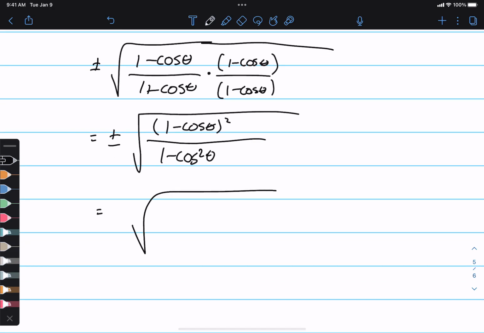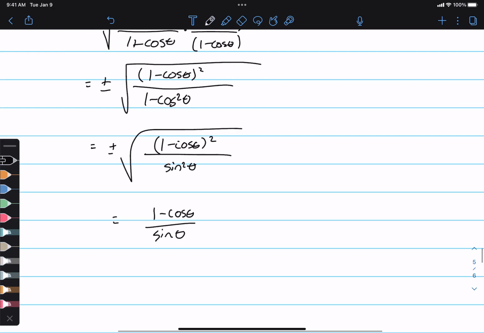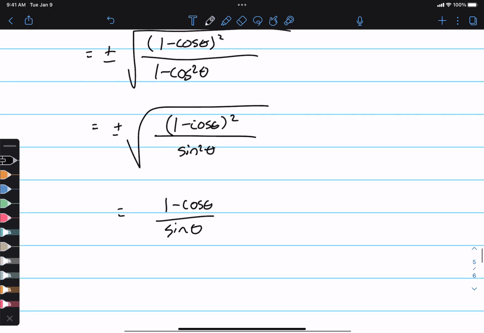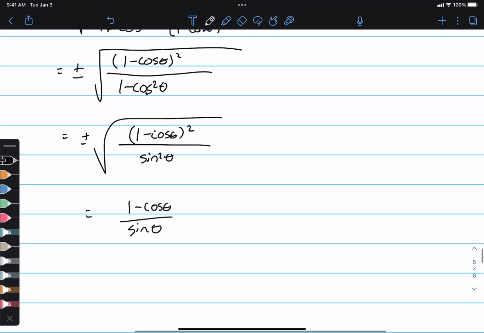But 1 minus cosine squared theta is just sine squared theta, right? So we get the square root of 1 minus cosine of theta squared over sine squared theta. And that's just going to be 1 minus cosine of theta over sine of theta. And we don't have to worry about the plus or minus here, because it actually works itself out whenever you're plugging this in. It's really very cool.